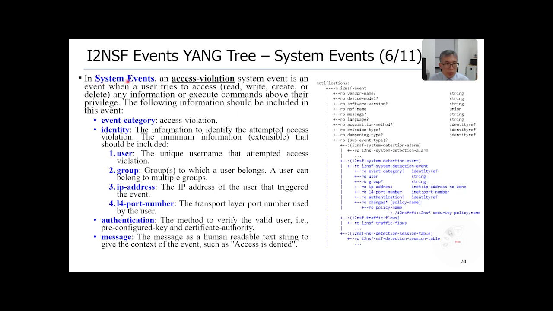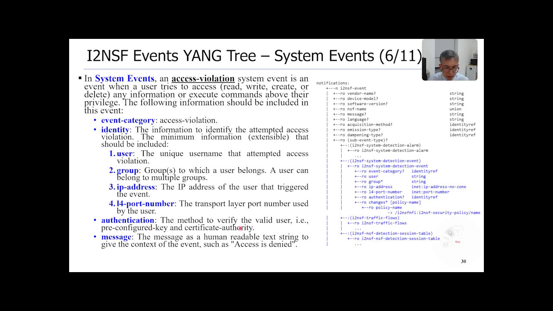And second, the category system event, like an access violation that happened based on the access control list. The following information includes event category, which is access violation, and the identity, like user, group, IP address, the layer 4 transport layer port number, and the authentication.